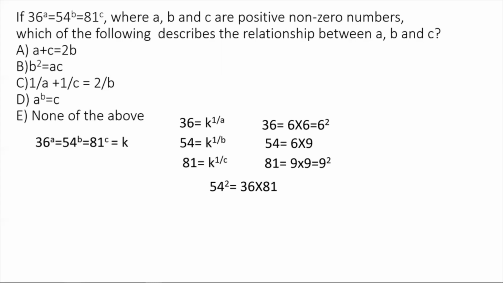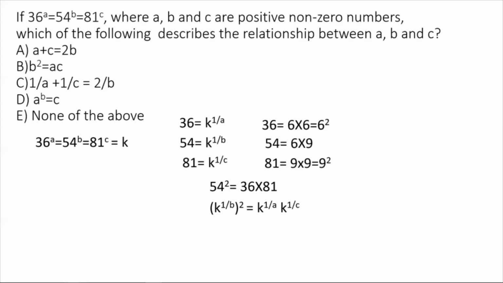So now we know what 54 is in terms of k, a and b and c. So 54 is basically k to the power 1 by b. So that's k to the power 1 by b whole square on the left hand side. And then on the right hand side we have 36.